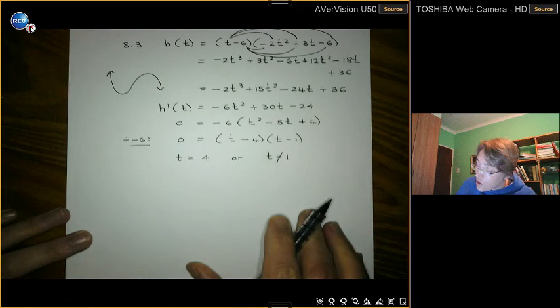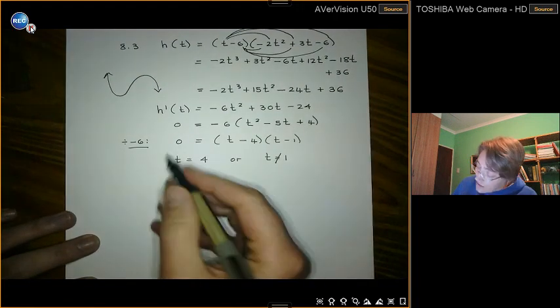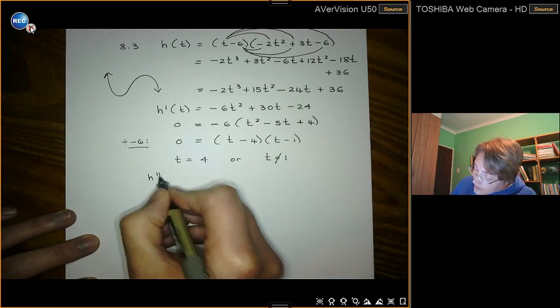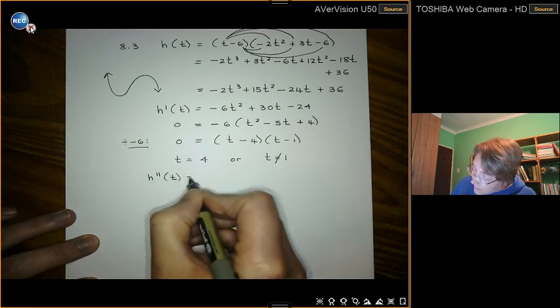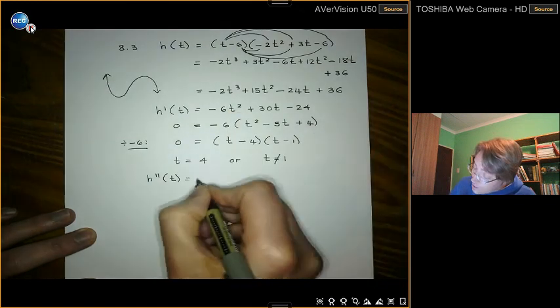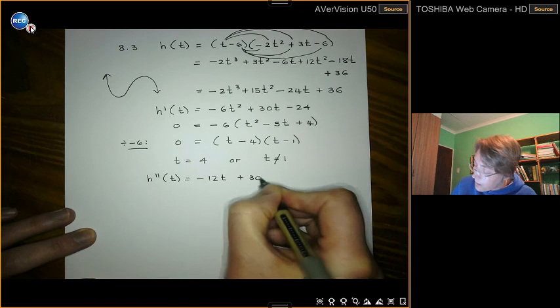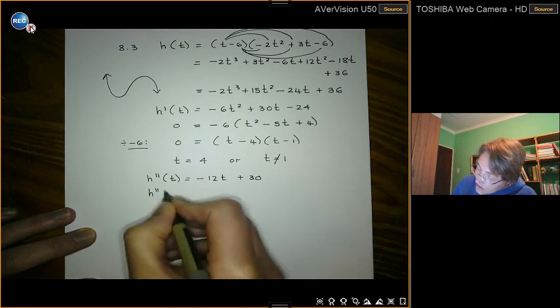The other option was using my second derivative test. You can definitely have used that. You could have said second derivative going from here is then equal to minus 12t plus 30, beg your pardon, and then I can substitute t with 4.